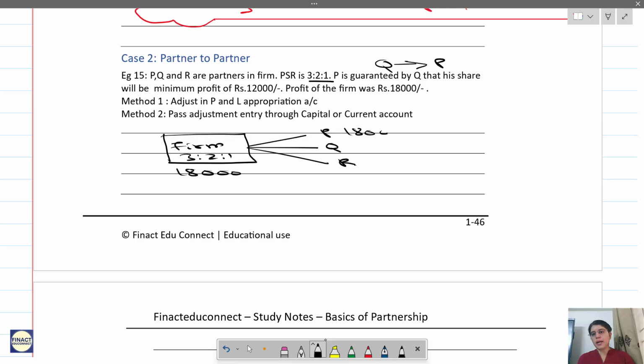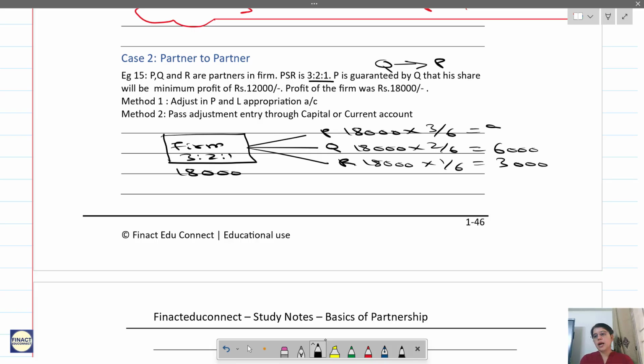So P will get 18,000 into 3/6, Q will get 18,000 into 2/6, and R will get 18,000 into 1/6. Correct? So if you calculate, this is 9,000, 6,000 and 3,000.